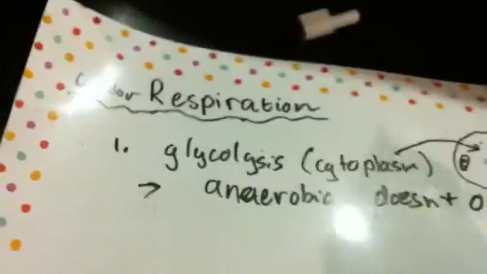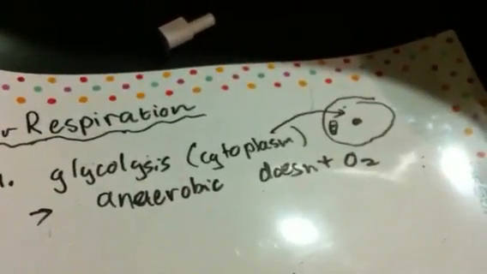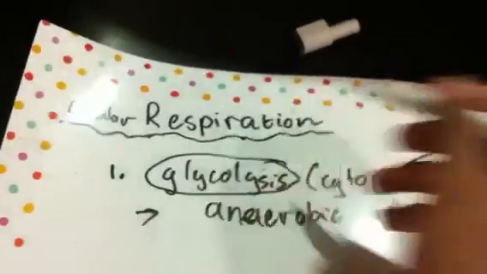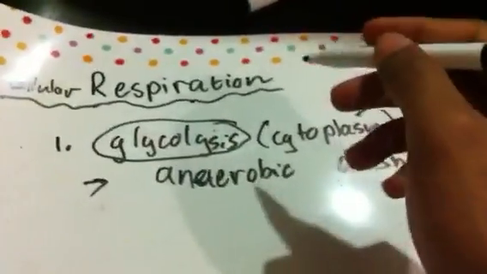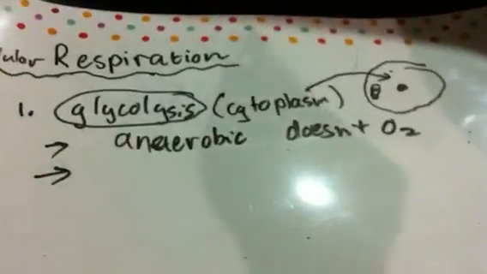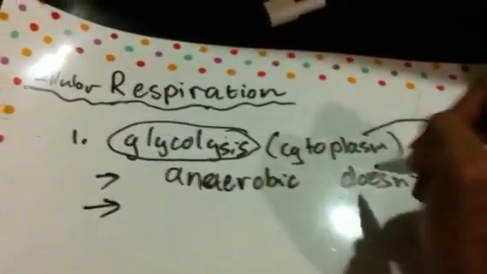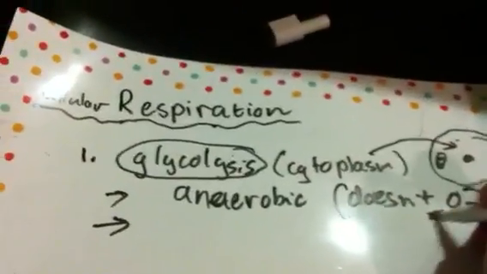So glycolysis doesn't require oxygen. You can imagine that in situations where the body is deprived of oxygen, it can still undergo glycolysis. We can still manufacture some energy, but obviously it'll be a whole heap less efficient.